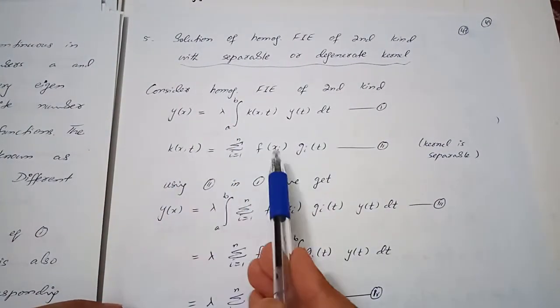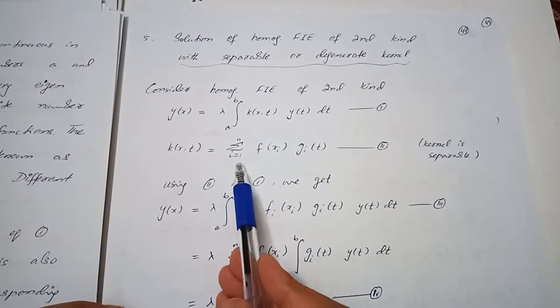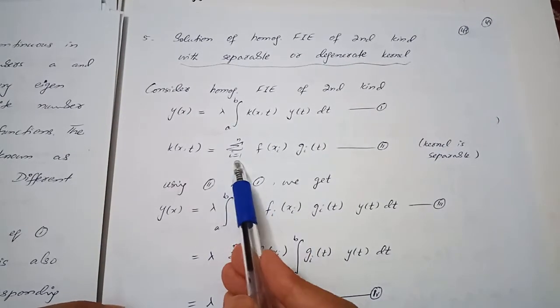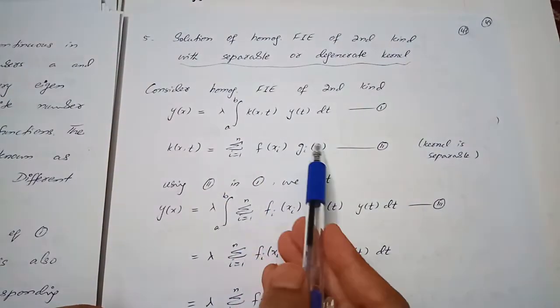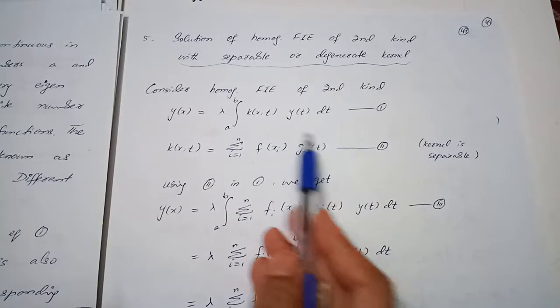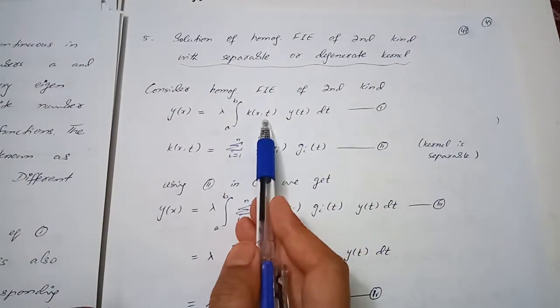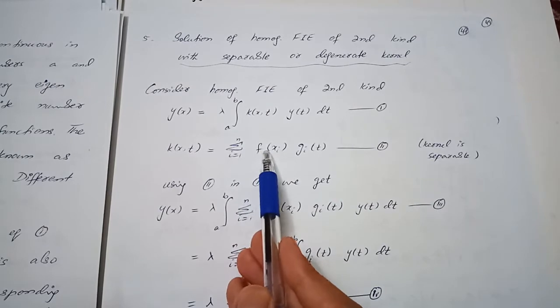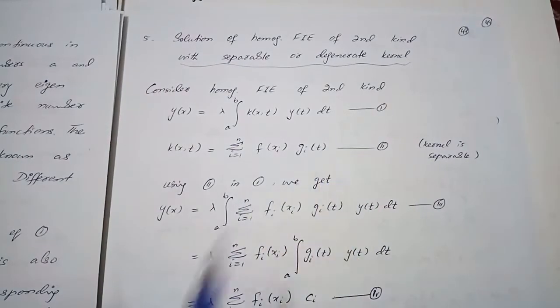The kernel must be separable, or you can also say it is a degenerate kernel. If you can write it in this form, summation i equals 1 to n f_i of x g_i of t. We replace the kernel k of x t in this form, like kernel can be separated in terms of two functions, x separately and t separately.